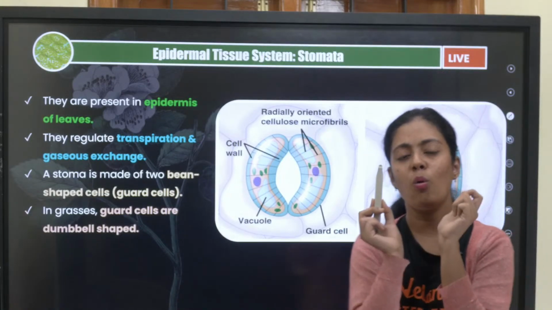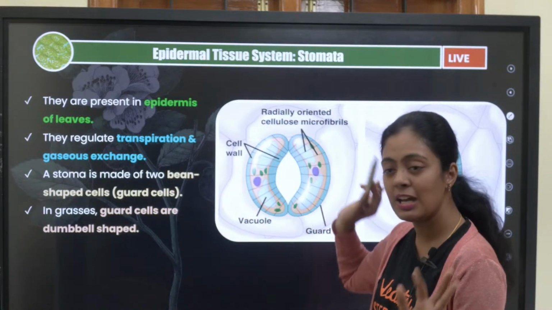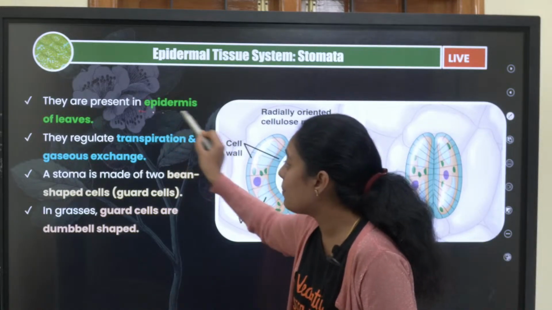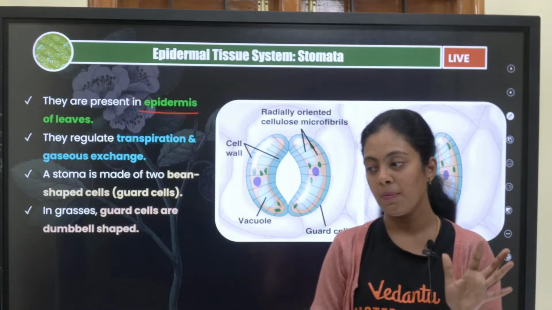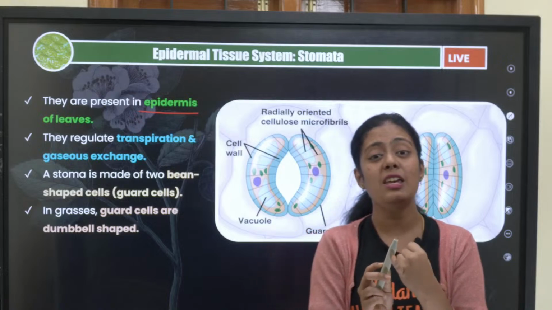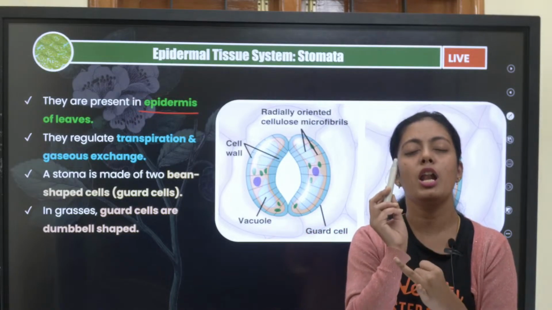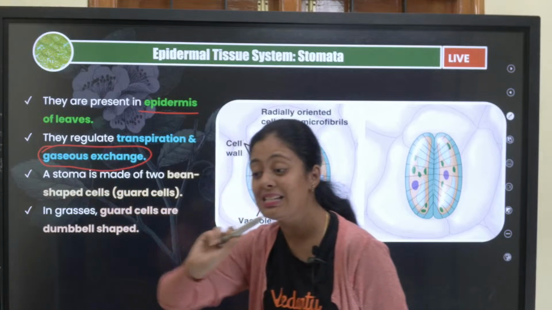The second very important thing is stomata. I can expect questions on stomata in my exam. Where are they present? They are present in the epidermis of my leaf. What is the function? The stomata regulate transpiration, and their most important function is that they help in gaseous exchange.